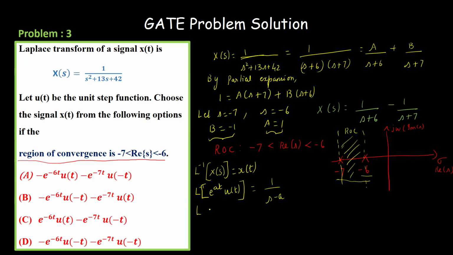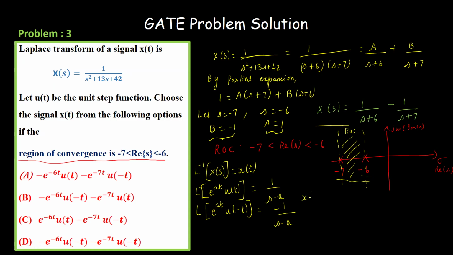Similarly, the Laplace transform of e power at into u of minus t is minus 1 by (s minus a). So we have to consider this to find the inverse Laplace transform of X of s. Now for the pole -6, we have to consider the left-sided step signal, that is u of minus t. Now 1 by (s plus 6) has to be simplified like minus 1 by (s minus a).